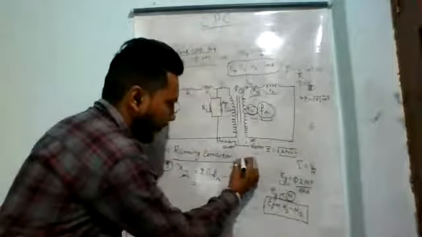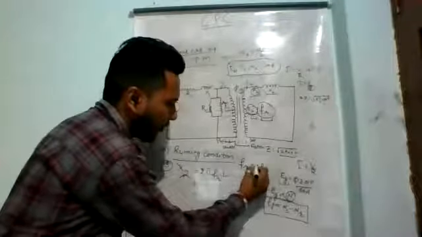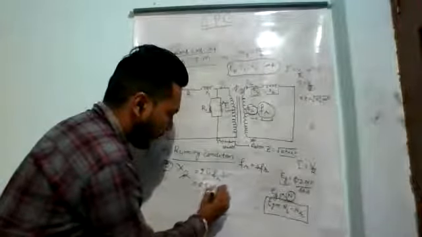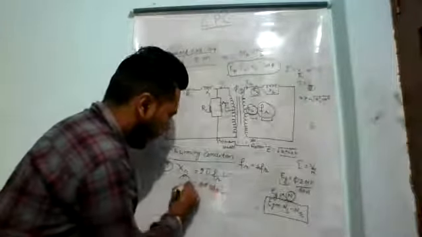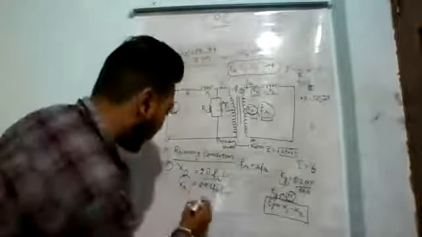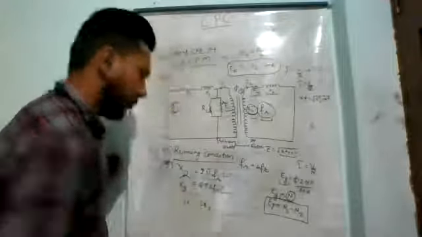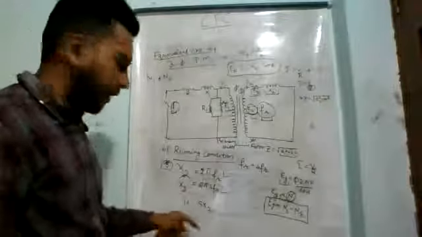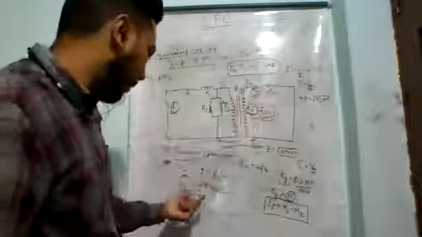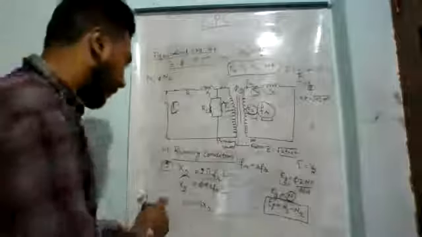From the previous, we saw that the frequency becomes S into Fr because the slip comes in. Therefore, 2 pi into S into Fr into L is the secondary side reactance. Or we can say that it is equal to S into X2. The reactance induced at the secondary side is S into X2, where S is the slip.